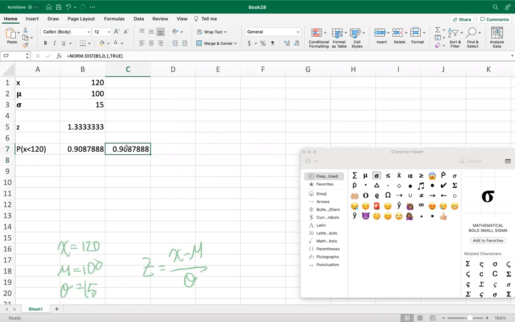This one here is standard normal, which means the mean is equal to 0 and the standard deviation is equal to 1. But using this one, we use the data for that specific problem. So that's the difference between the two.